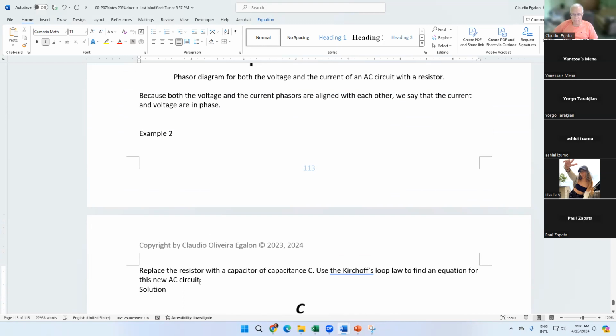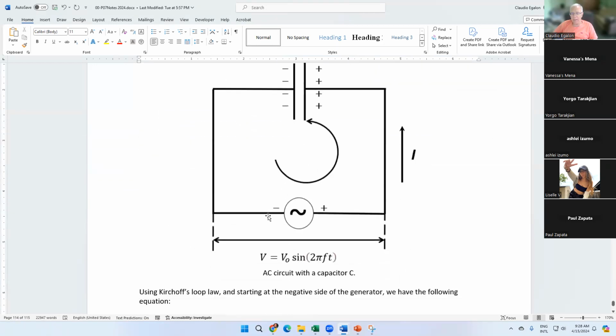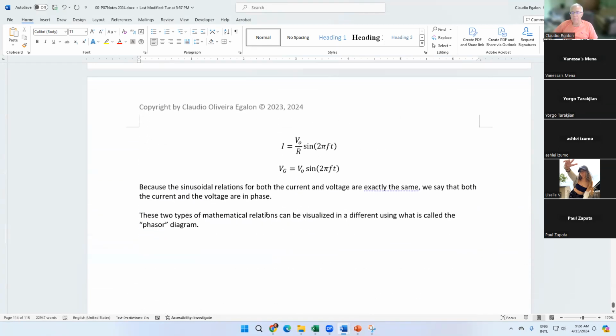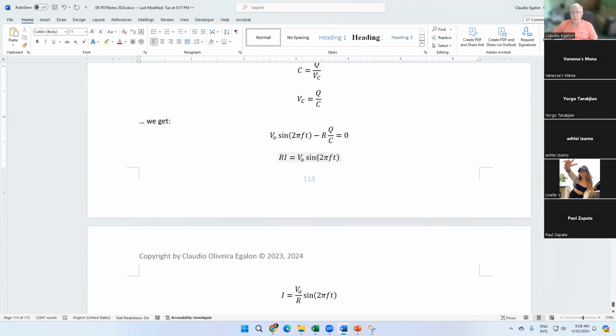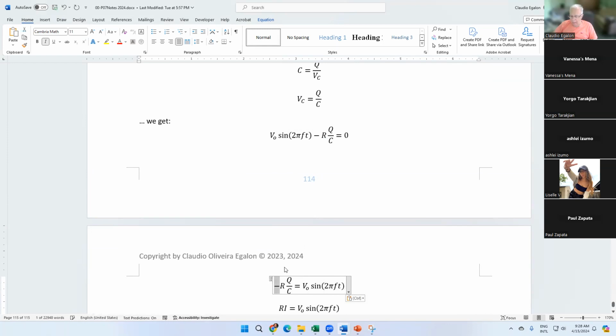Find the equation for this new AC circuit and write the charge Q and the current I. The charge Q is easy to find, there's no problem here. All you have to do is pass this term to the other side and multiply the whole thing by -1.